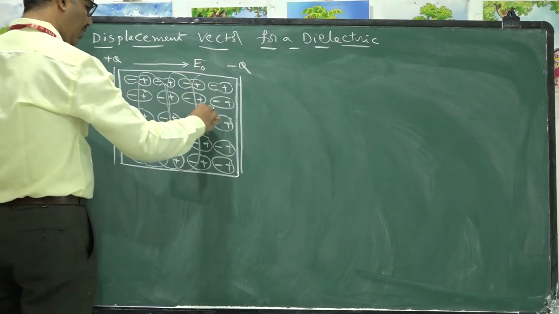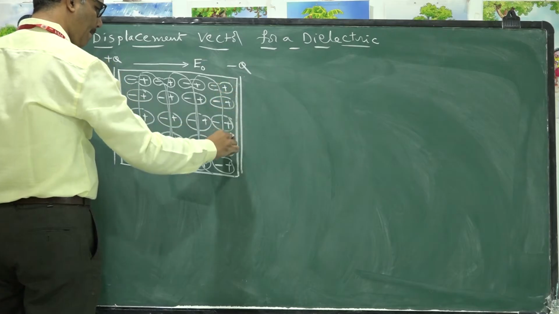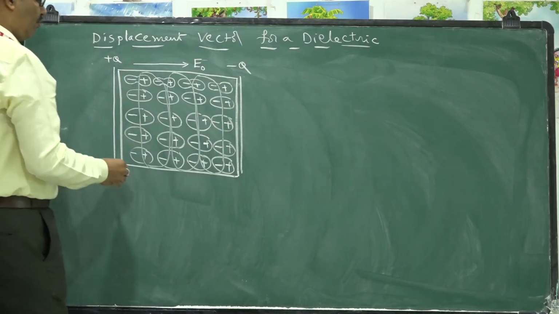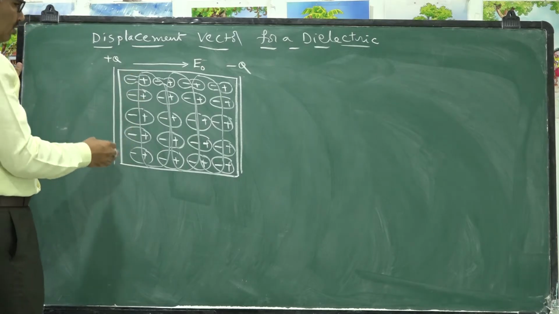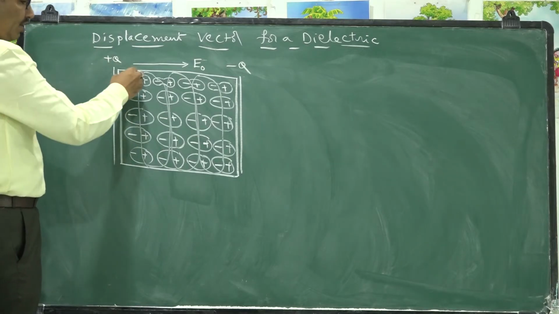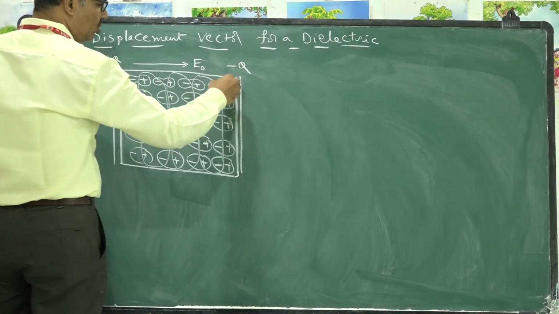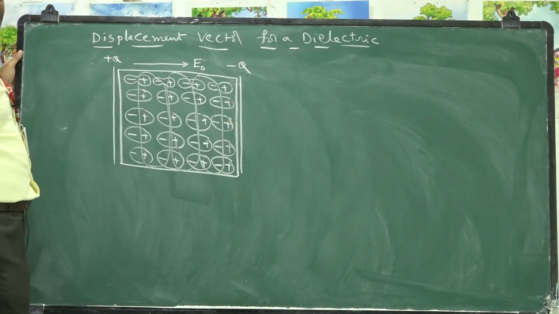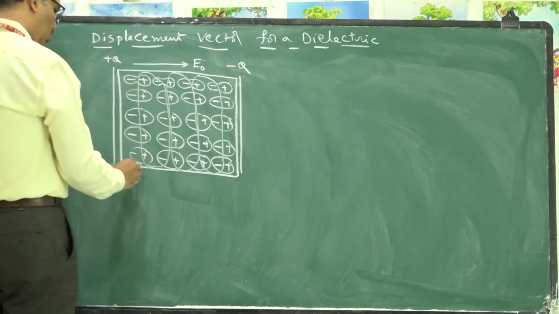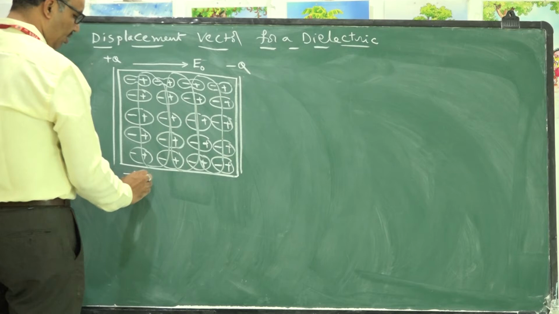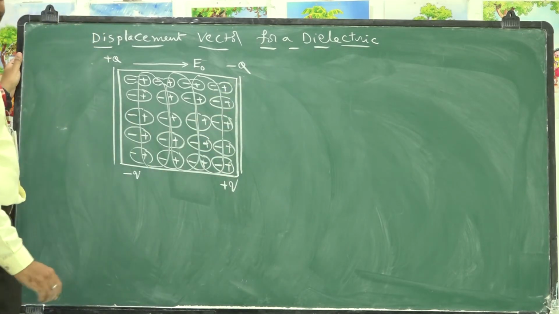This positive and negative neutralizes each other. Finally, you are left with an induced charge here. Nearer to the positive plate, you are getting negative charge. Nearer the negative plate, you are getting positive charge. So we have an induced charge minus Q here, and a similar amount of positive charge plus Q here.